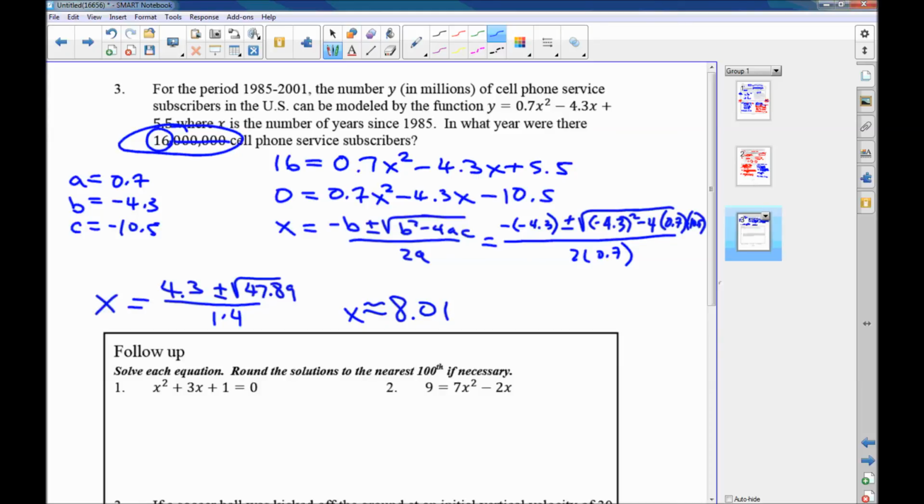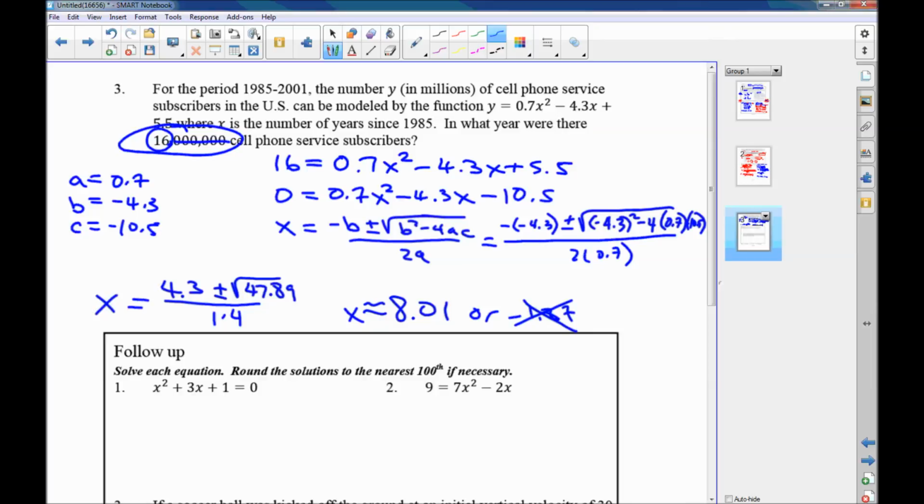So 4.3 minus the square root of 47.89 divided by 1.4. My other possible answer is negative 1.87 years. Well, that one doesn't make sense. You're not going to go backwards in time to get that. So it's going to be about 8 years.